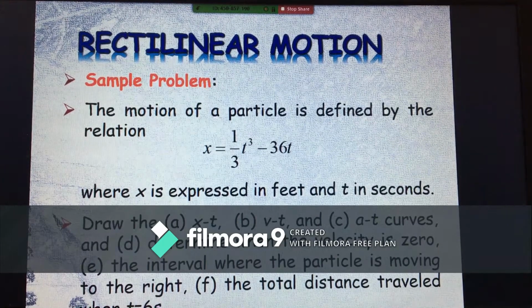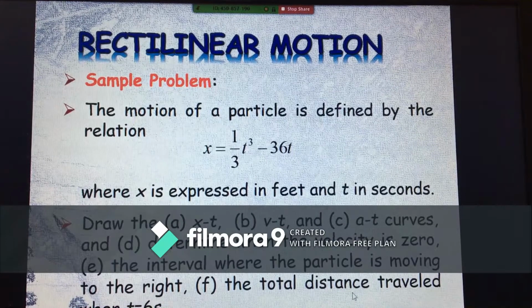Pwede ninyong gamitin yung number line. Okay? Or the way you represent the interval as we have learned from our calculus. So that is for letter E. Then for F, total distance traveled when t is equal to 6 seconds. So you just calculate this using the equation.